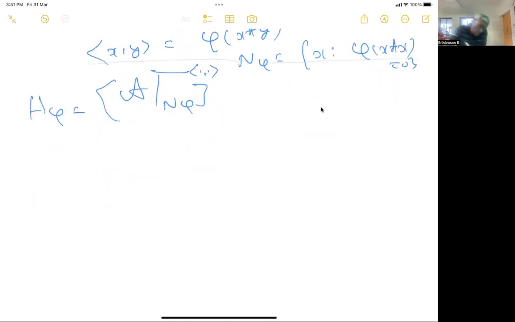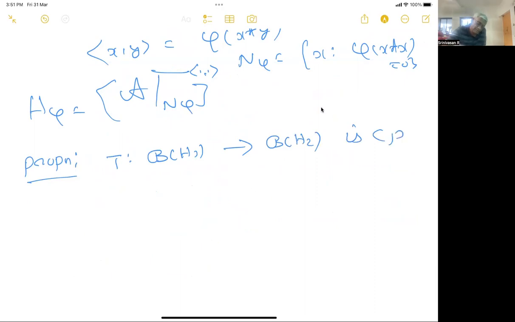So let us get a positive definite kernel and then construct a Hilbert space. Let T from B of H1 to B of H2 be CP.